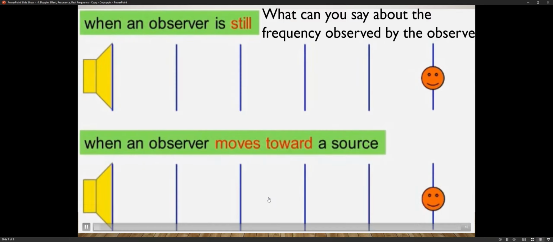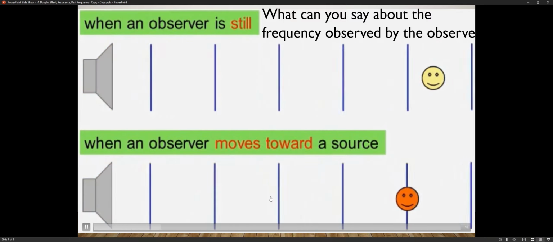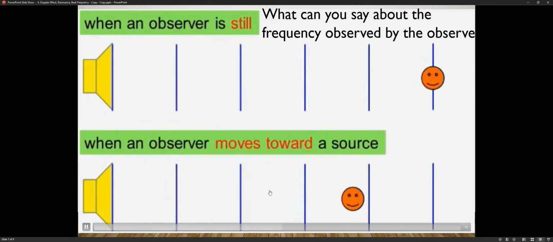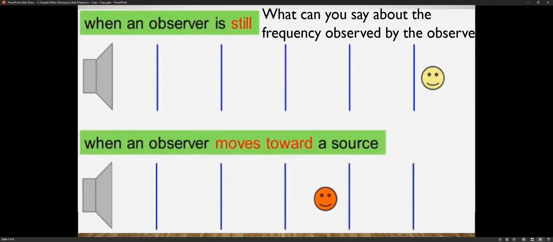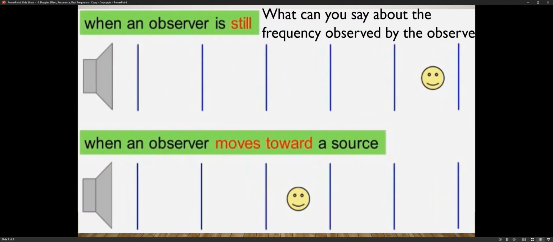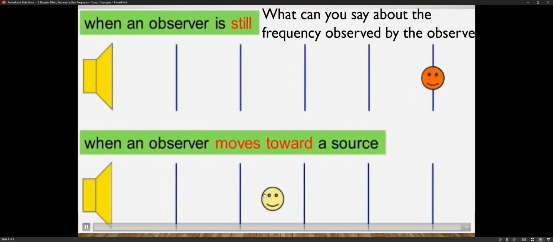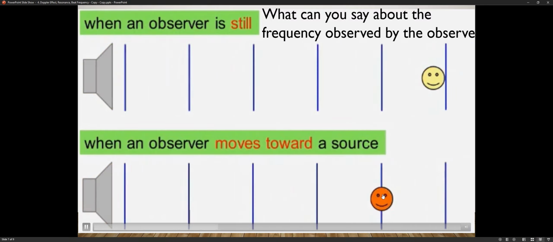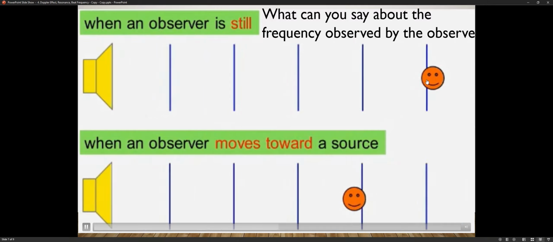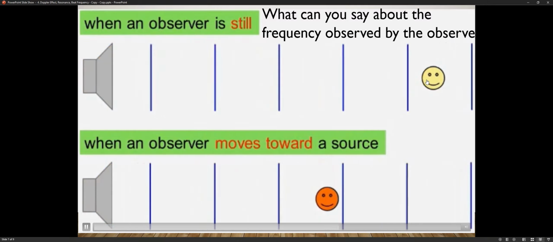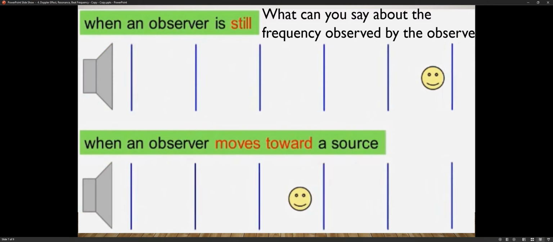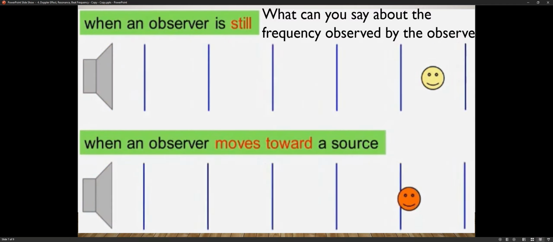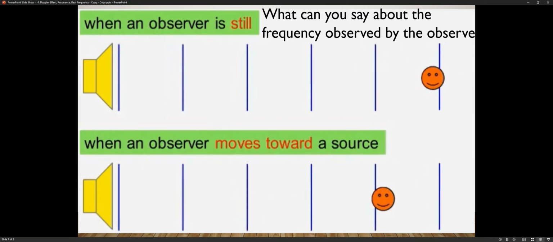So if the observer on the bottom hears more sound waves per second, the sound waves are a higher frequency, right? The sound waves that this observer on the bottom hears are of a higher frequency and a shorter wavelength than this observer. Look at this more. Again, frequency is the amount of sound waves that occur in a given second. Feel free to pause or rewind.